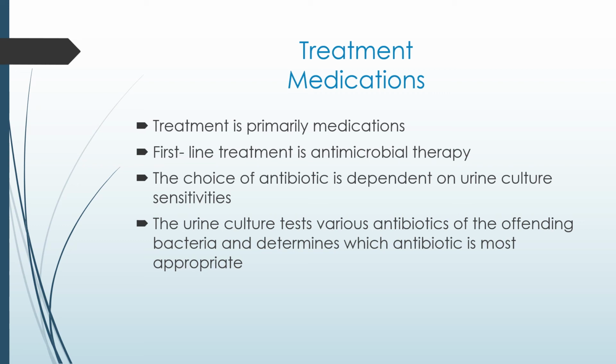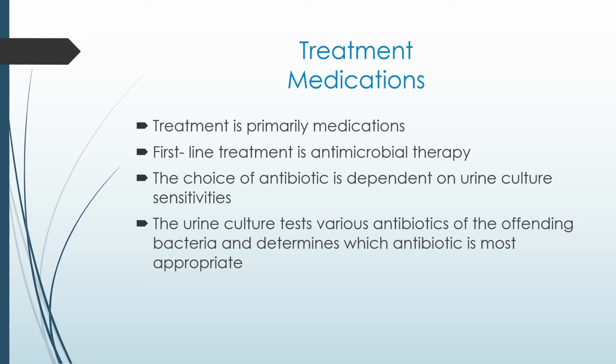So, treatment. Treatment is primarily medications. First-line treatment is an antimicrobial therapy. The choice of antibiotic is dependent on the urine culture sensitivity. So again, once we do that clean catch, and we have to be very, very careful about how we obtain that clean catch specimen, we're going to take it to the lab.